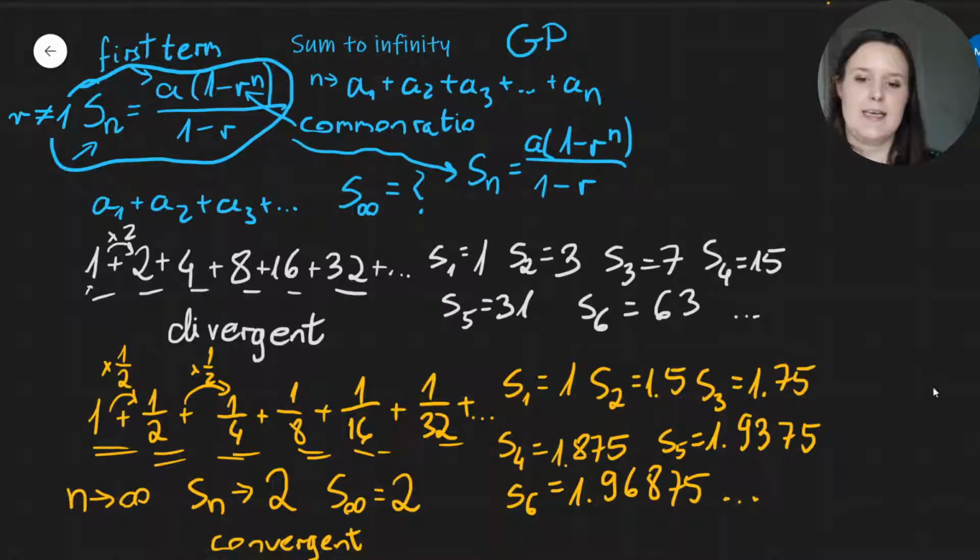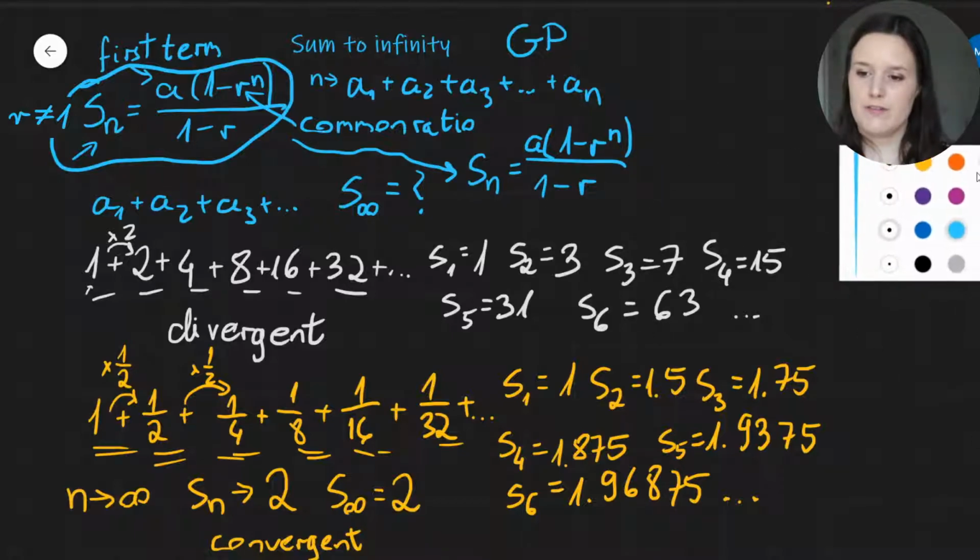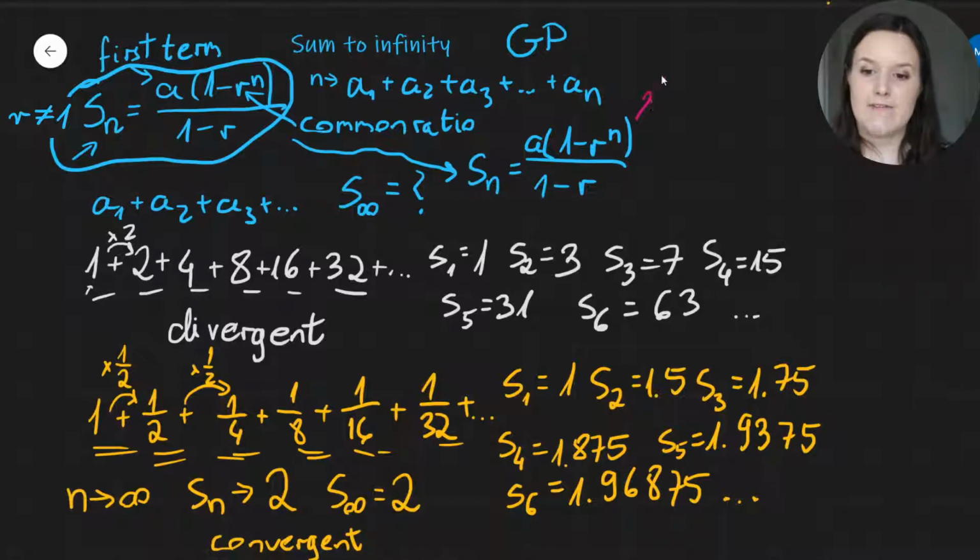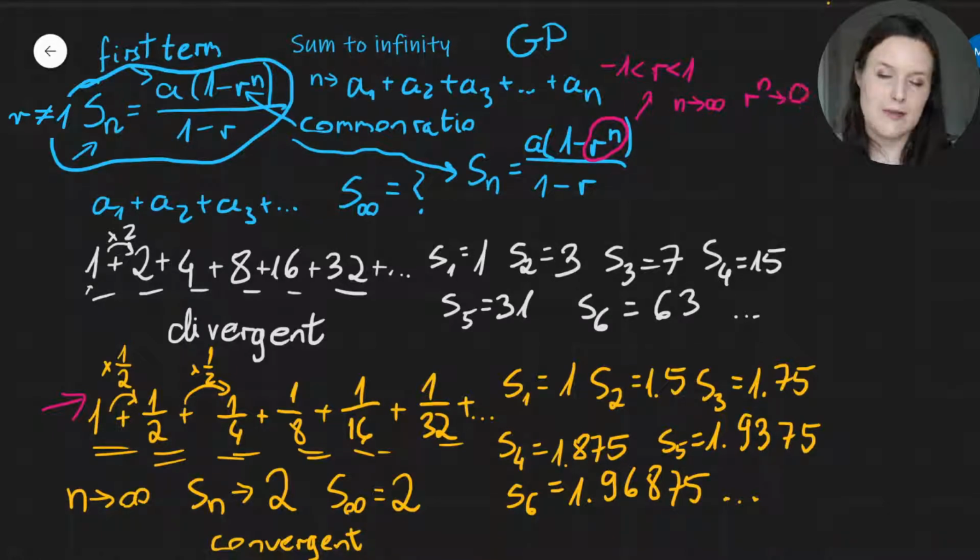And basically, if the common ratio r is a fraction between 1 and minus 1, for example half as it was here, then as n tends to infinity, r to the power of n tends to 0. Imagine with half. If you get a bigger and bigger power of half, your result is smaller and smaller.